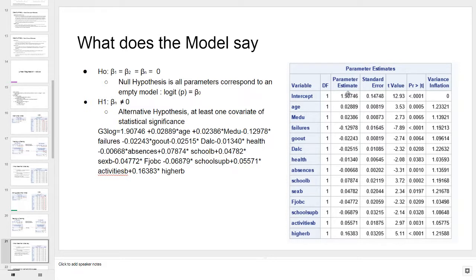So what does this model say? Once again, this is all set to log G3, meaning that each of the dependent parameter estimates are percentage increase and decreases in the original dependent variable, which was G3.